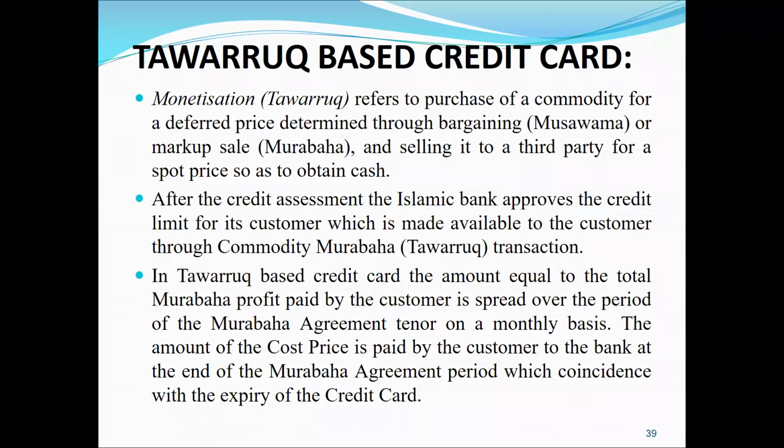So this Tawarruk credit card can be based on a murabaha agreement, or on musawama. So when they sell you, you then resell to a third party to get money from it. So you get the money from the third party and use it, but you have to pay back the money to the bank, which is based on the murabaha agreement.